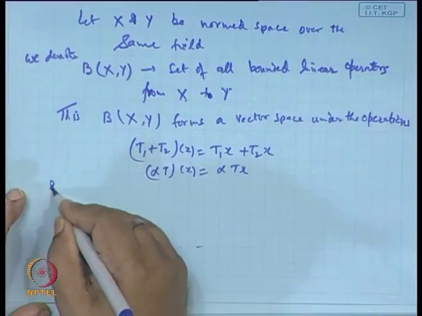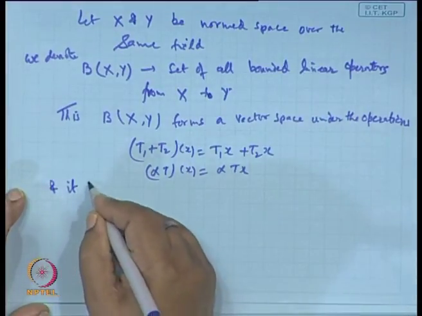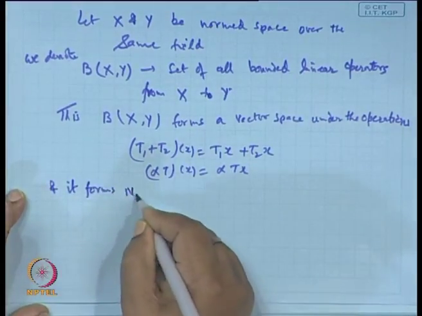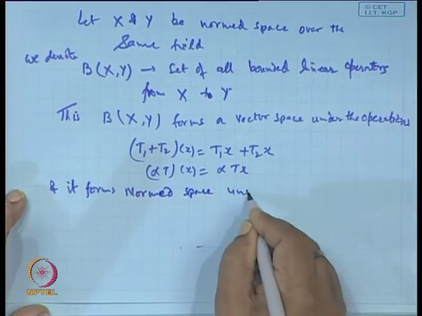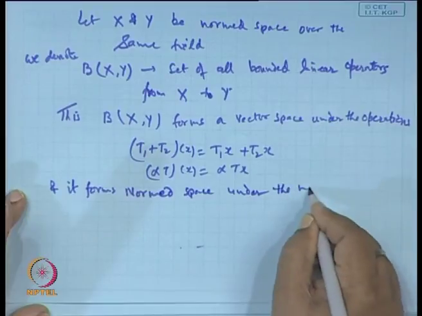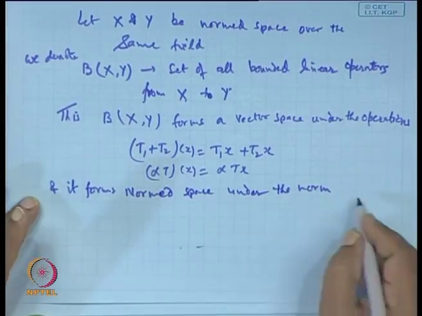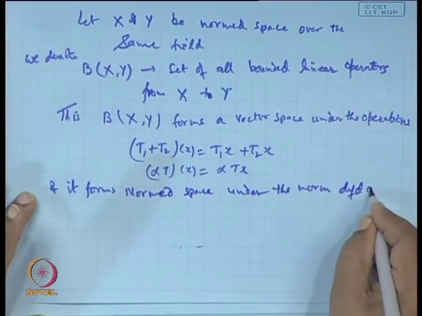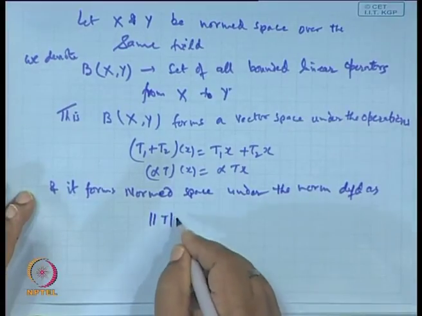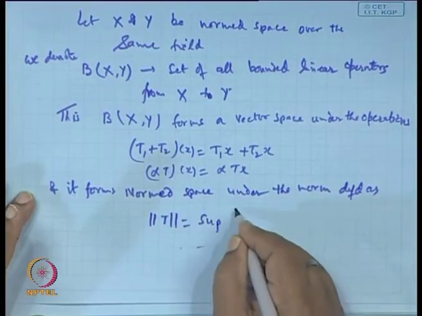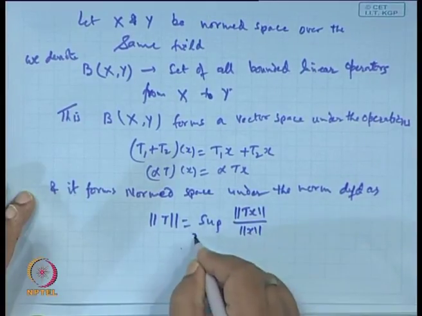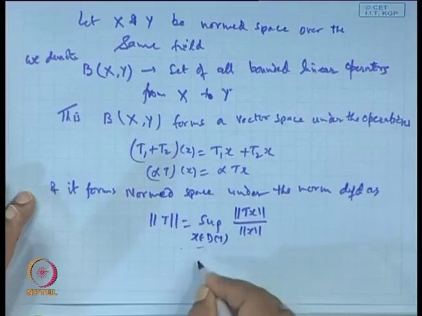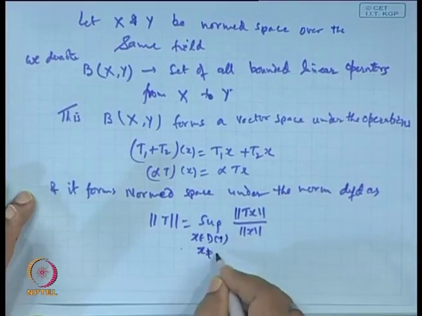In a similar way we can show it is a normed space under the norm defined as norm of T equal to the supremum of norm of Tx over norm of x, where x belongs to the domain of T and x is not equal to 0.